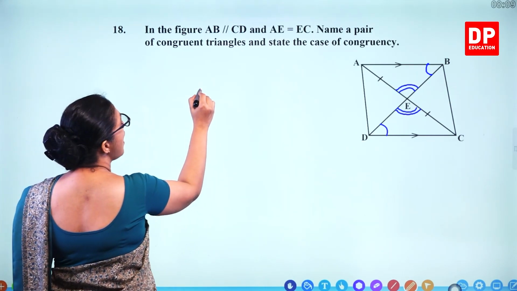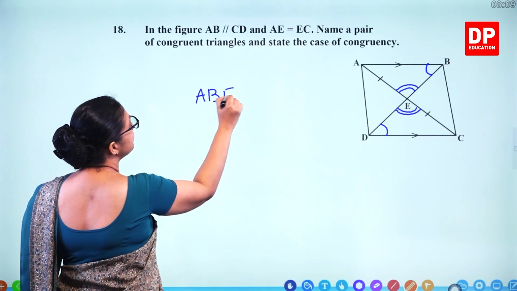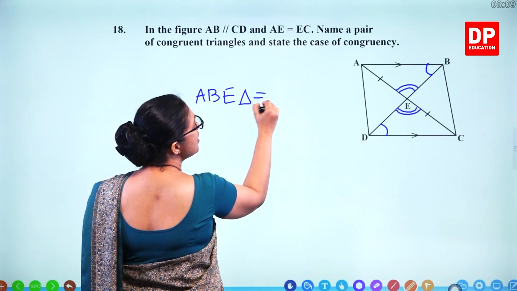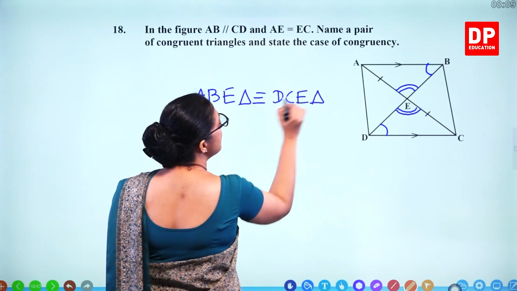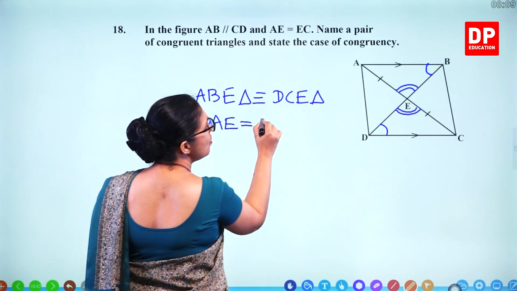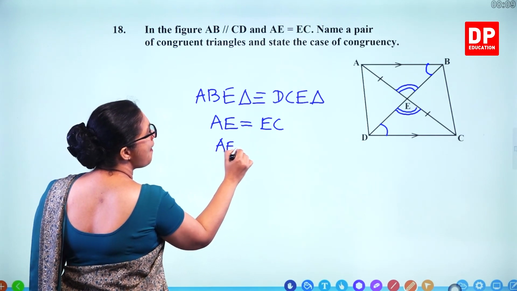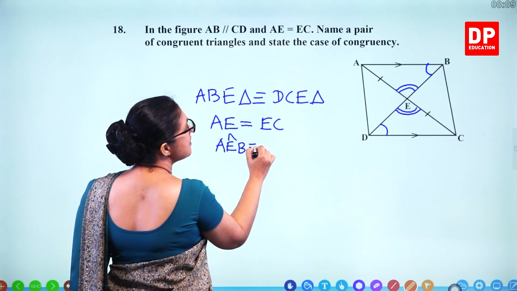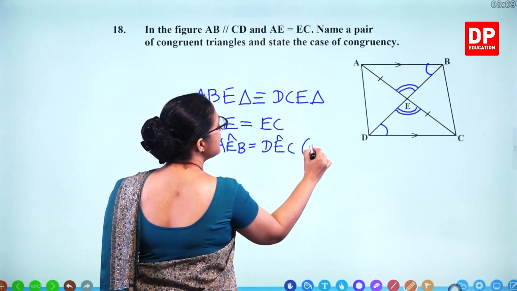So that means these two triangles are congruent. What are the two triangles? Triangle ABE is congruent to triangle DCE. Because AE is equal to EC. Angle AEB is equal to angle DEC, opposite angles.